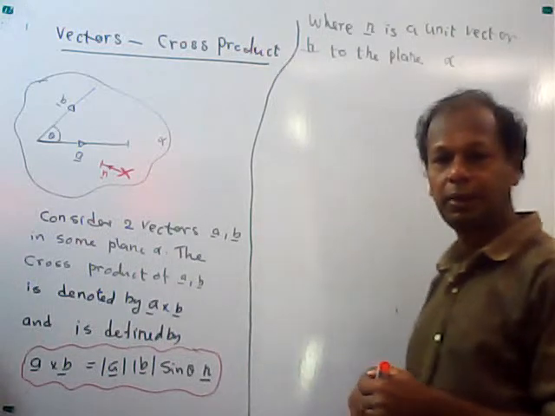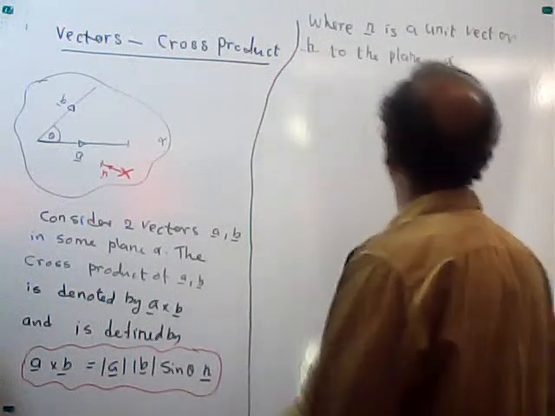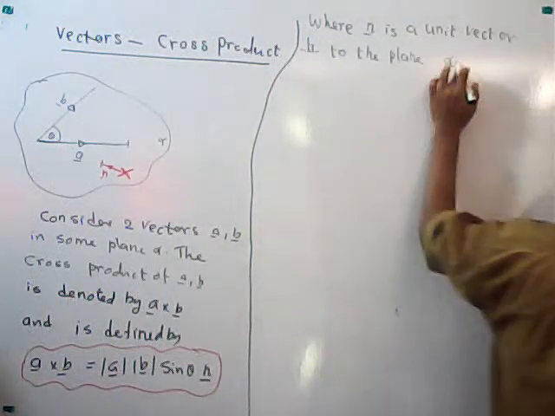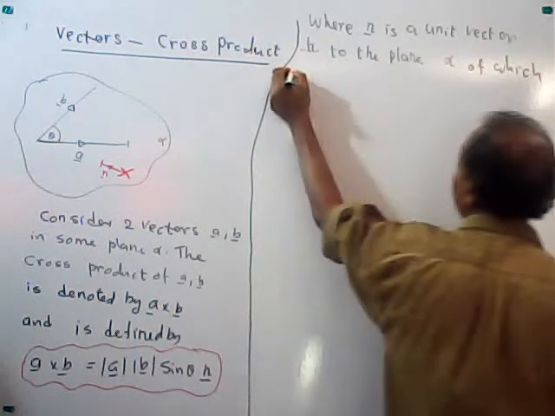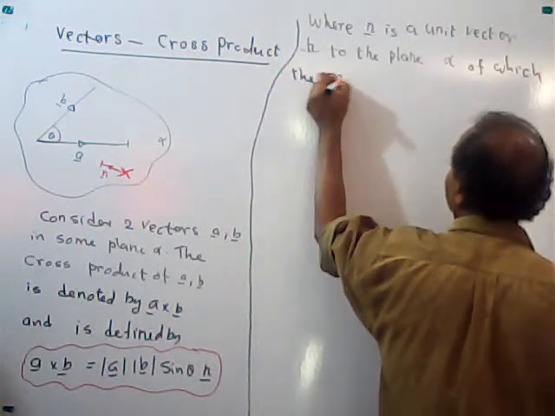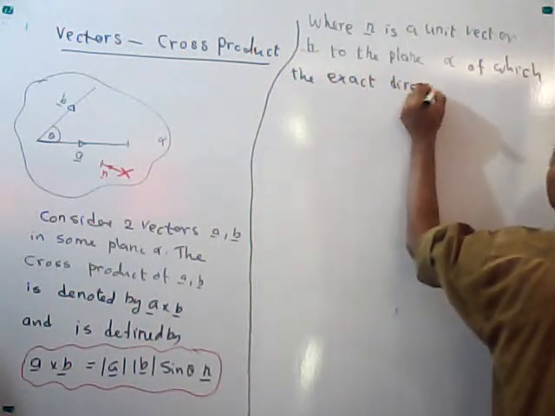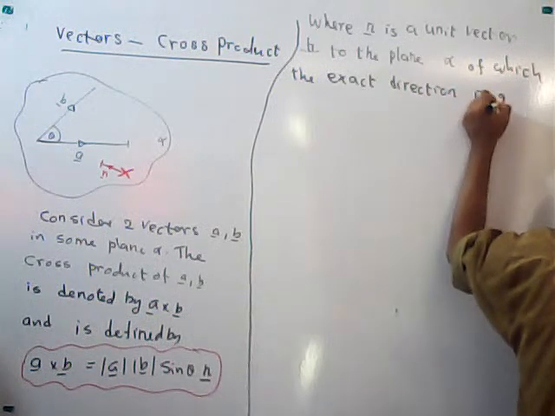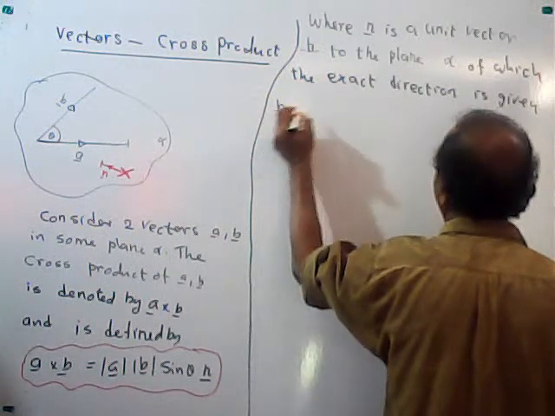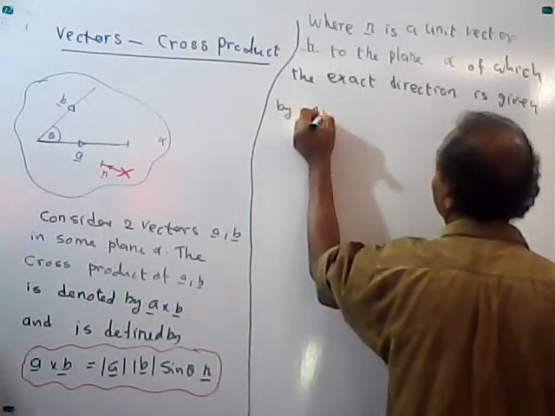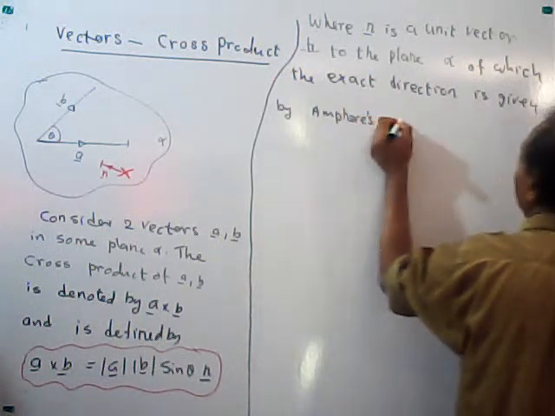N is a unit vector perpendicular to the plane, and the exact direction is given by Ampere's right hand rule.